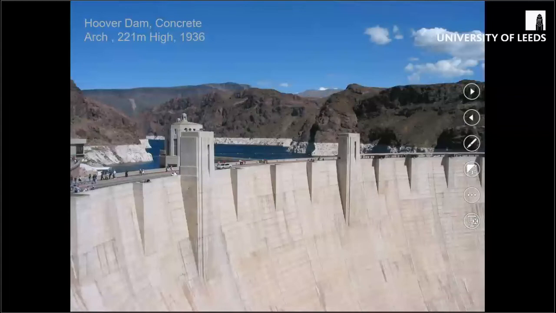We will be able to do calculations from these lectures on the forces on this dam wall. It's a very, very high dam, 221 metres high. The pressure at the bottom of that dam is extremely high, a huge amount of concrete. So we can work out the forces on this and say how much concrete, how much force you need to resist to keep this dam wall up. Okay, it's quite an easy calculation, and we'll see how to do that.